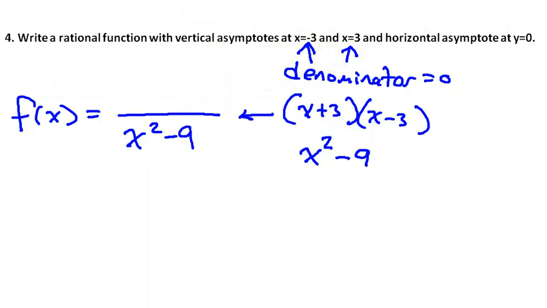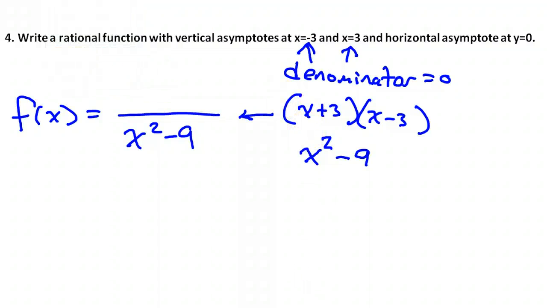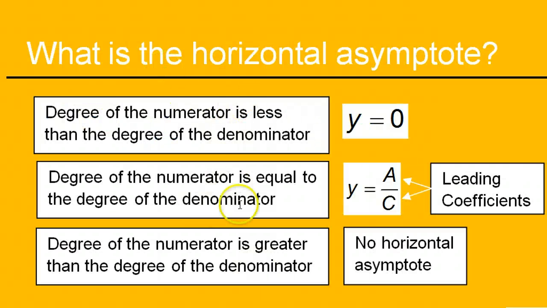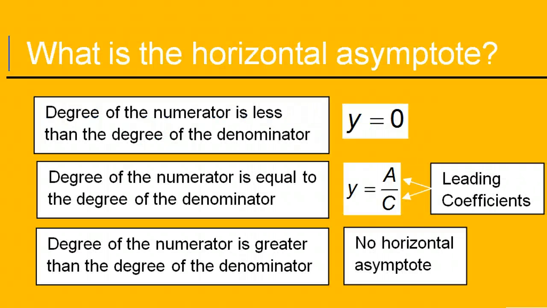Now, where does the horizontal asymptote come from? Well, the horizontal asymptote is all about the degree, and whether the numerator degree is less, equal, or greater than that of the denominator. Well, they want the asymptote to be y equals 0. Y equals 0 happens anytime the numerator degree is less than the degree of the denominator.